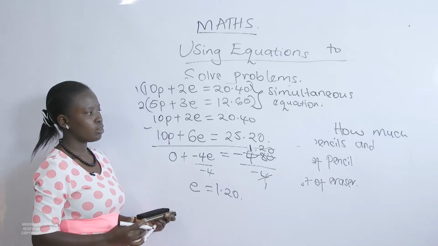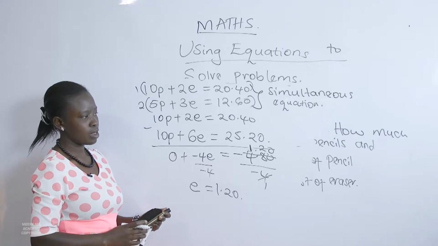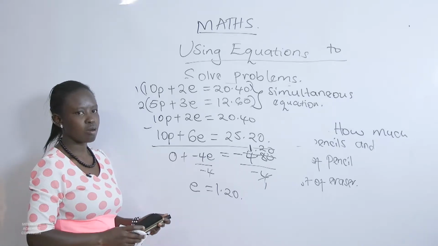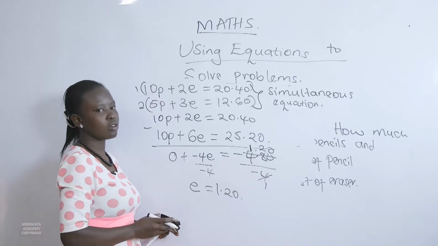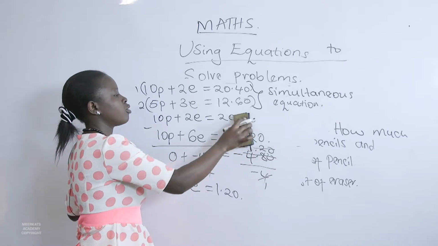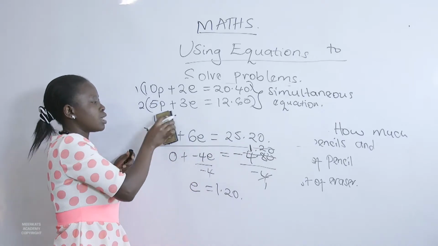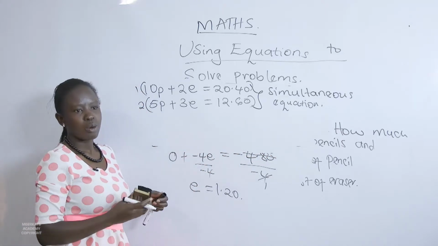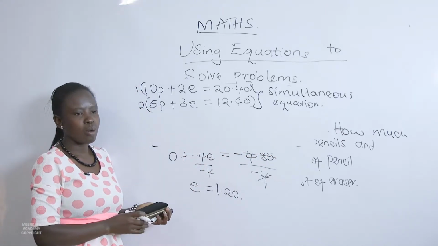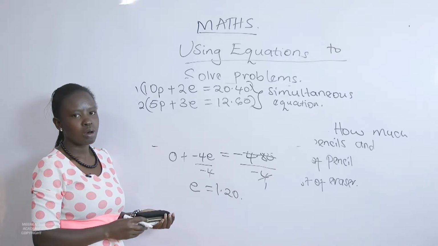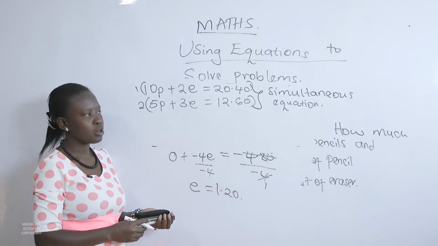We need to get the price of a pencil. E was representing the cost of an eraser. So cost of an eraser is 1.20. We are getting the price of a pencil. How do we get the price of one pencil? We can either substitute in the first equation or the second equation.